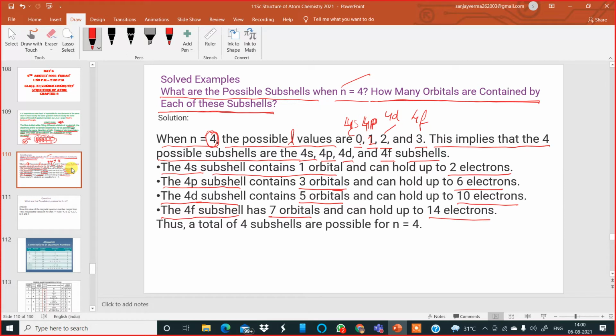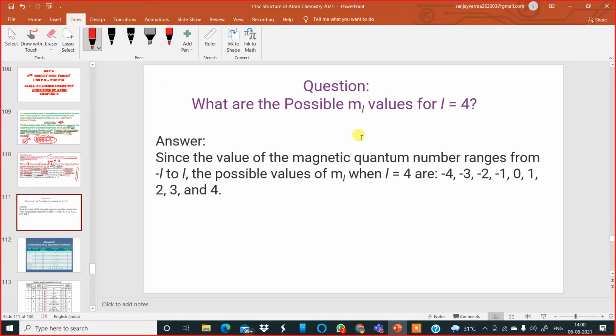Okay, so this is one solved example which can be asked in the upcoming examination. Now moving to our next question over here, with regard to azimuthal quantum number and magnetic quantum number. Now they are saying, what are the possible values of magnetic quantum number for L is equal to 4?